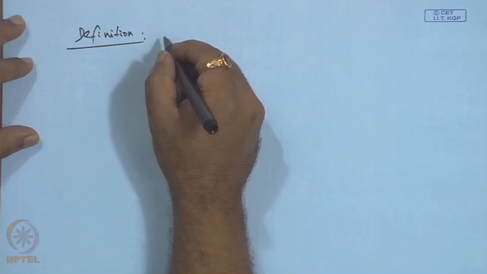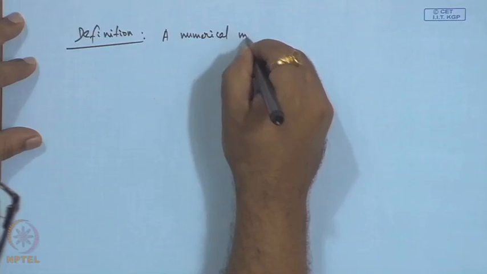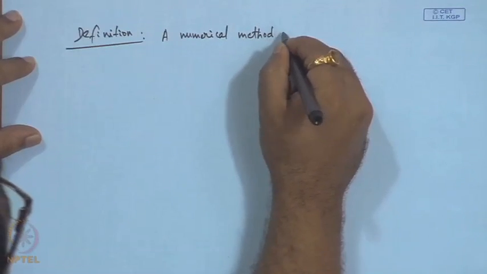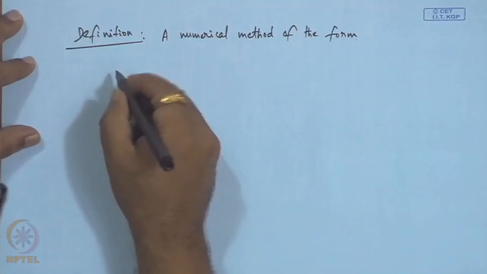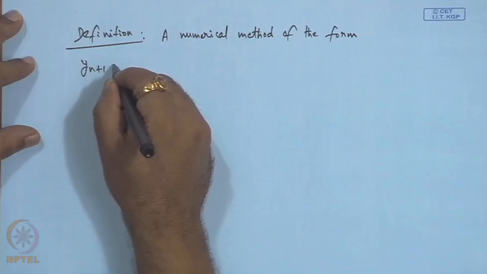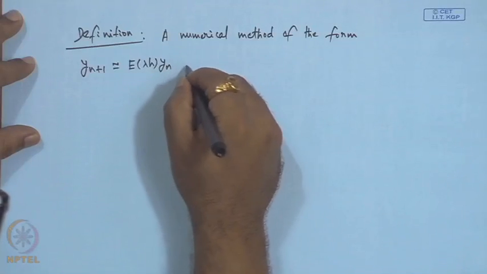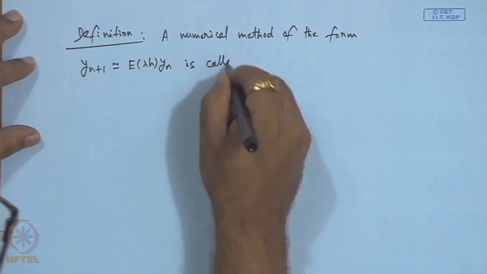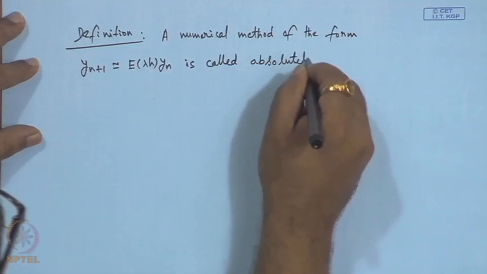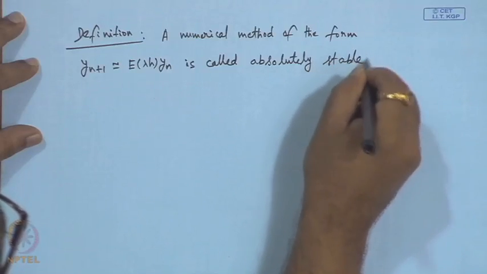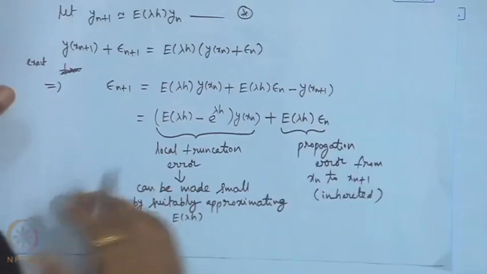So, the definition. A numerical method of the form is called absolutely stable if what? Yeah, there you are.